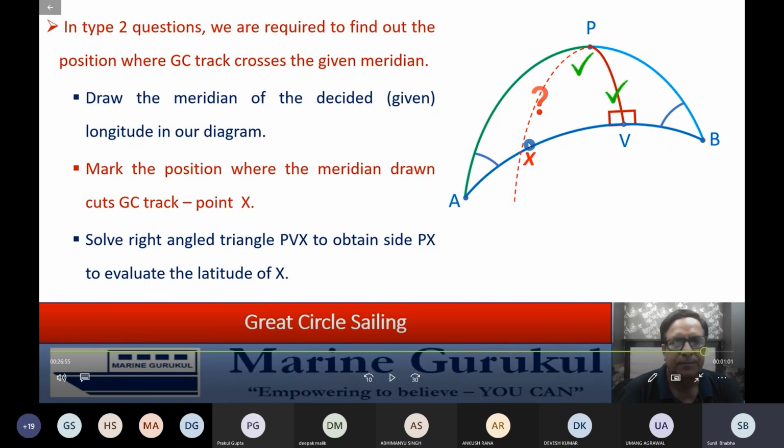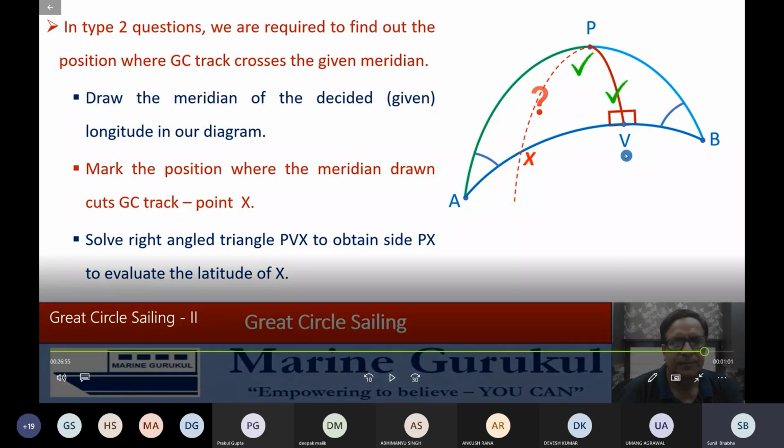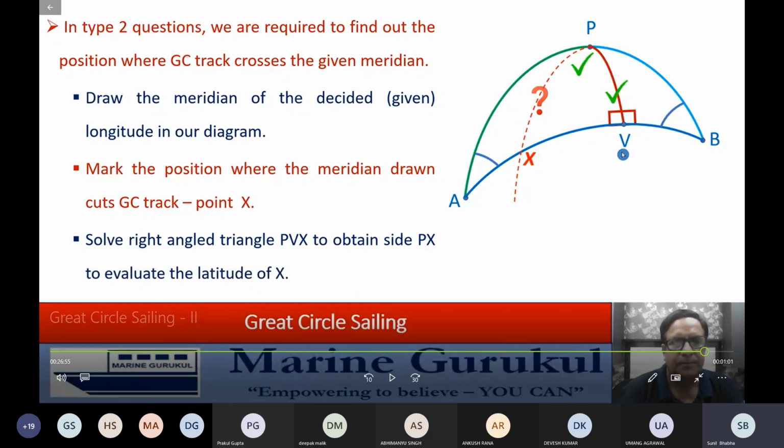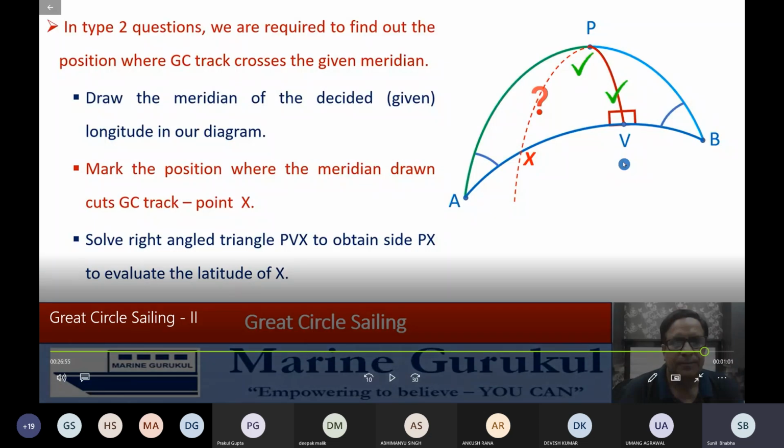Sir, this angle P is the d long, and sir, will the naming be taken from the vertex longitude or the direction of the vessel? Okay, d long. Let's take an example. In this particular case, give me any longitude for the vertex. Okay, sir, 50 degrees east. So the vertex is at 50 degrees east longitude; we have already calculated it.